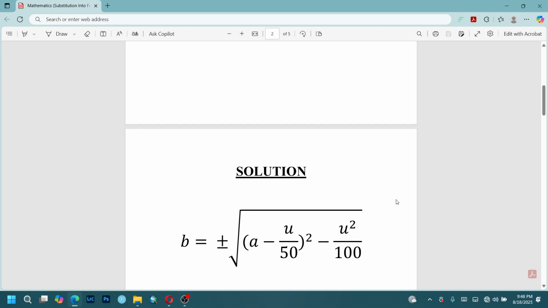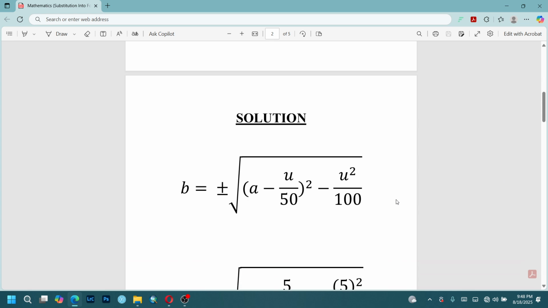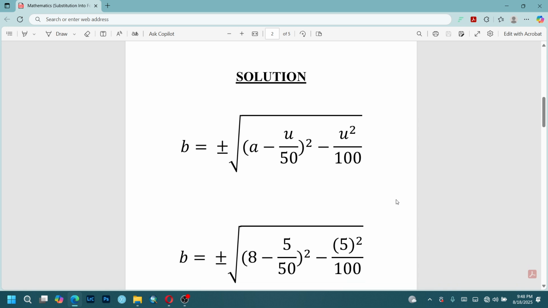Now, based on the preamble of the question, our b is plus or minus the square root of a minus u over 50, in bracket squared, minus the fraction u squared over 100. In the given equation, our a is 8 and our u is 5, so we just have to insert the values into the equation.